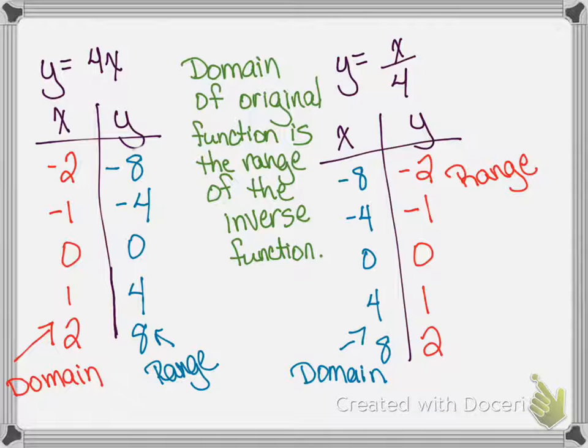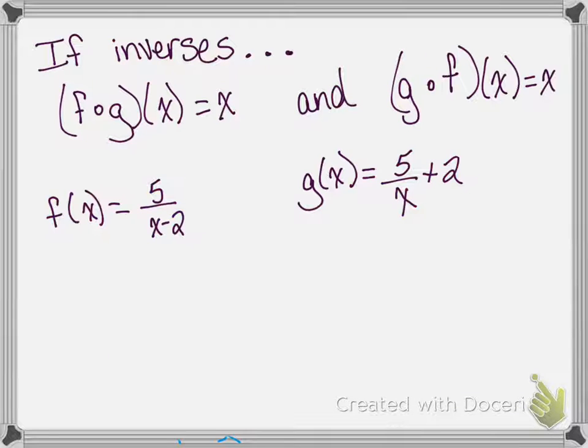Now, if you are given two functions, the way that you can determine if they're inverses of each other is by using composition of functions. Okay? That's how you can determine if they are inverses of each other. So we're going to do composition of functions again. Okay. So we're going to do f of g and we're going to do g of f.